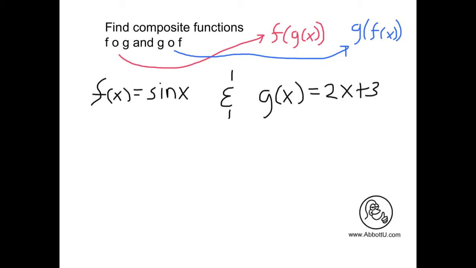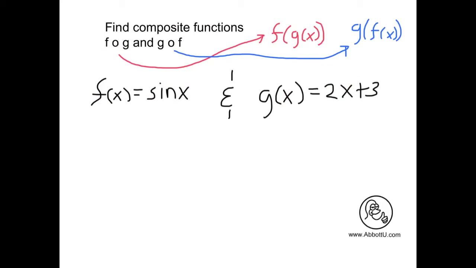So what that means is we want to look at the function f of x, which is sine x. Okay, so sine x is the larger context within which the smaller activity is occurring. And in this case, the smaller activity is g of x. Now, according to this, g of x is 2x plus 3.